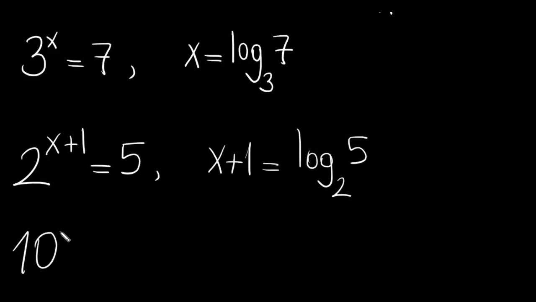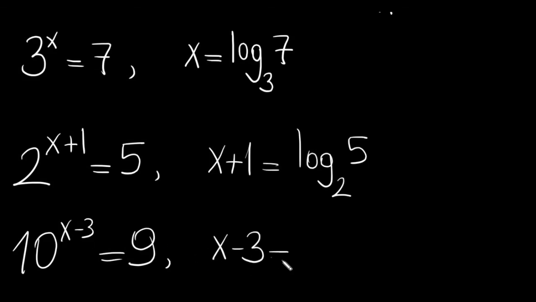Let's say that 10 to the power of x minus 3 is equal to 9. So the exponent, x minus 3, is going to be equal to log, our base is 10 here, so log base 10 of 9.